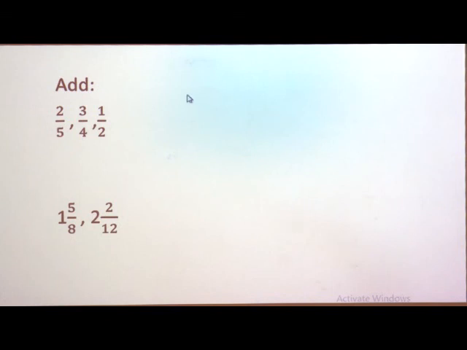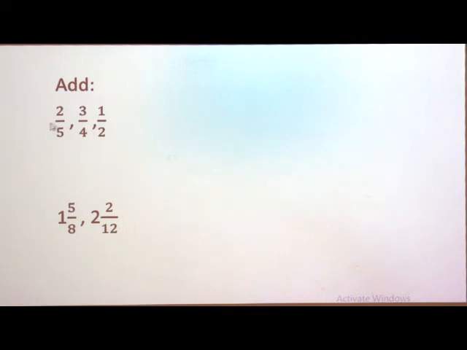Now here we have some examples. Add 2 upon 5, 3 upon 4, 1 upon 2. The question is to add, so between these fractions we put an addition sign. But now you will ask how to solve this, because all the denominators are unequal, not the same.